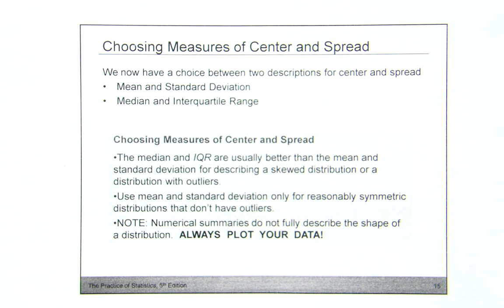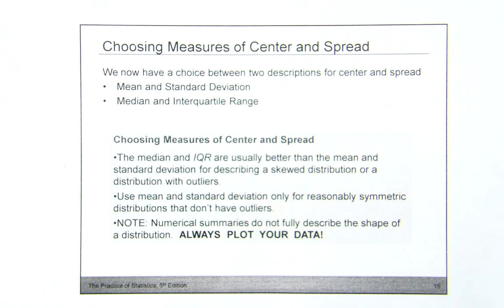When choosing a measure of spread and center, the median and the IQR are usually better than the mean and the standard deviation for describing a skewed distribution or a distribution with outliers. Remember, the median is more resistant if you have an outlier, because it's not getting pulled toward your outlier numbers. The mean and the standard deviation are only for reasonably symmetric distributions that don't have outliers.